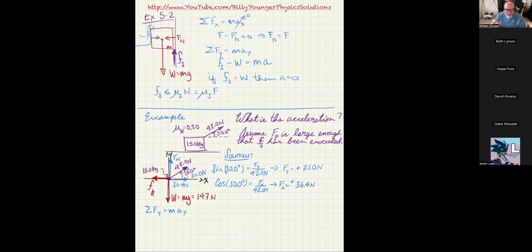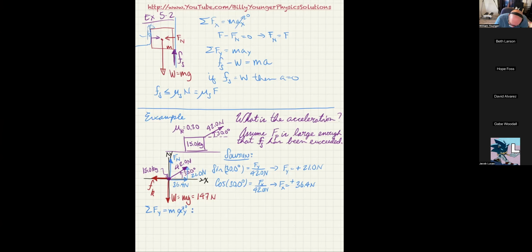But we know this is a case where the box might slide left and right, but it's never going to slide up or down or dig into the surface or jump off the surface. So the y coordinate of this object is always going to be constant, and that makes the acceleration equal to zero.